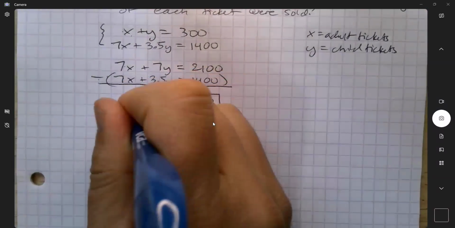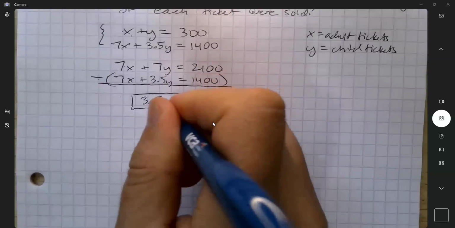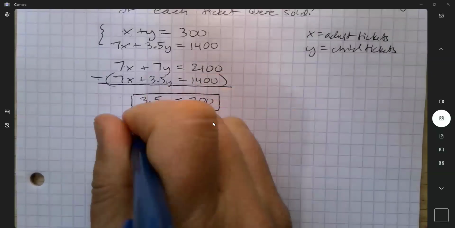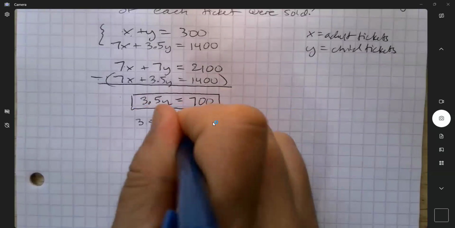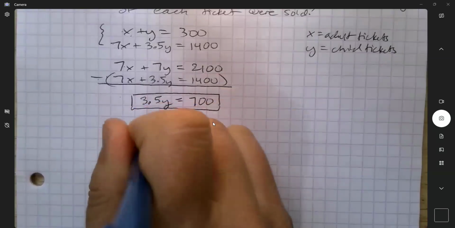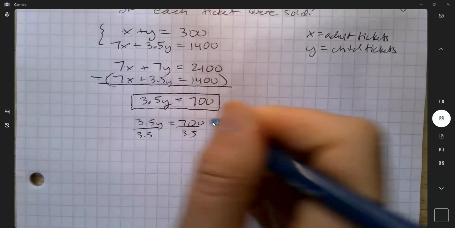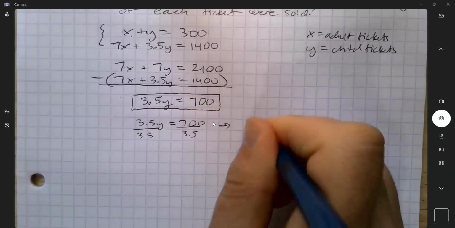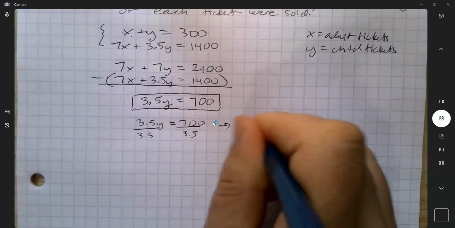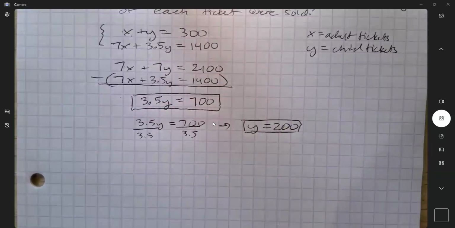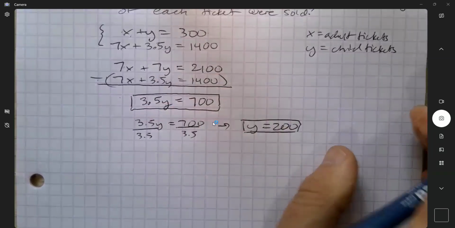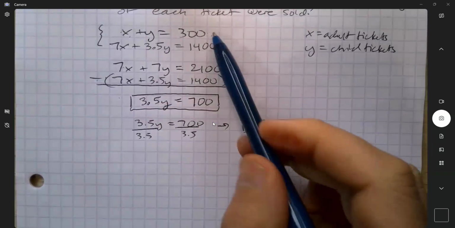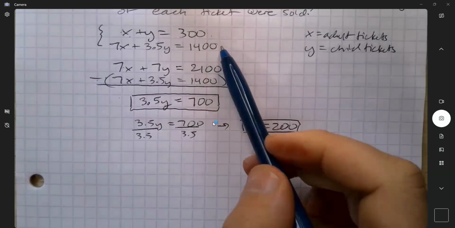So my new simpler equation has just a y in it, and I solve that new equation for y. Divide both sides by 3.5, and I get that y equals 200. There were 200 child tickets, and now I can pick either of the other equations to find x.